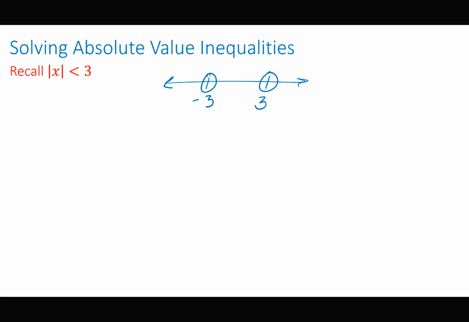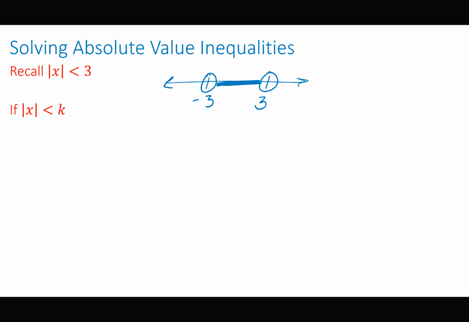These were open circles. And I would go in between there. Any number in there would work. Negative 2 would work. Positive 2 would work. Negative 1, positive 1, 0. Anything in between there would work. But my boundary points at negative 3 and positive 3 would not work. And so I would set it up something like that.